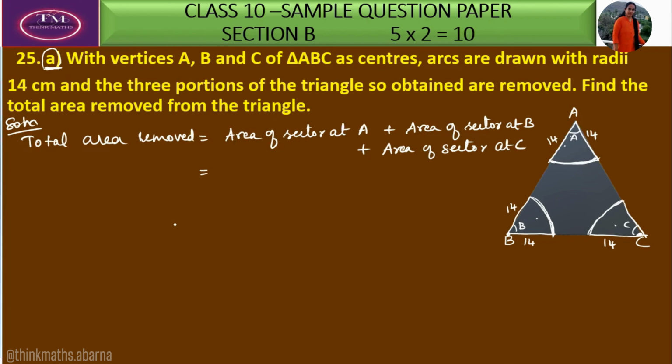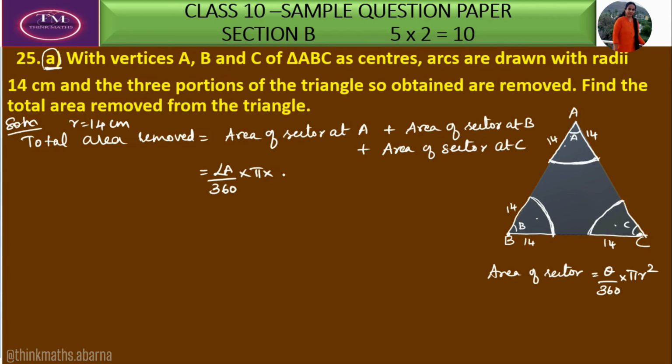So these are the areas removed. So what is the area formula? Area of sector equal to theta by 360 into pi r square. So here theta, we have taken the angle as A. So angle A divided by 360 into pi. What is radius? Radius is given as 14 centimeter.